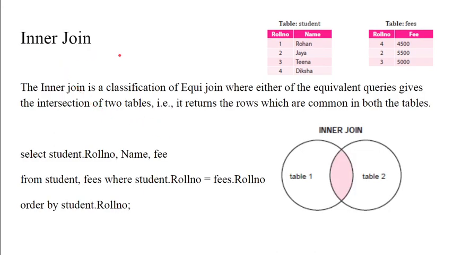Next is inner join. The inner join is a classification of equijoin where either of the equivalent queries gives the intersection of 2 tables. That is, it returns the rows which are common in both the tables. You will think the inner join and intersection are same.